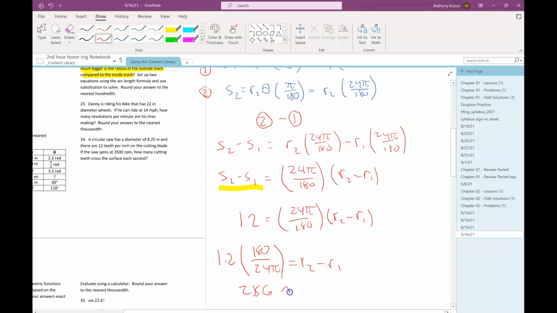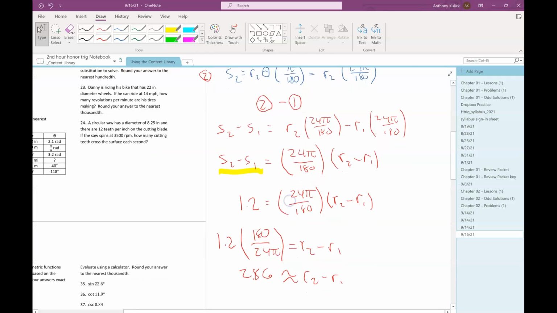So when I do that, I get about 286. And what is this? Are these centimeters? Is that okay, Taylor? Yeah, that makes sense. Very sneaky though, right? Yeah. Not likely you would have come up with that. Tough to come up with that on your own, to think about R2 minus R1 as the variable that we're solving for.